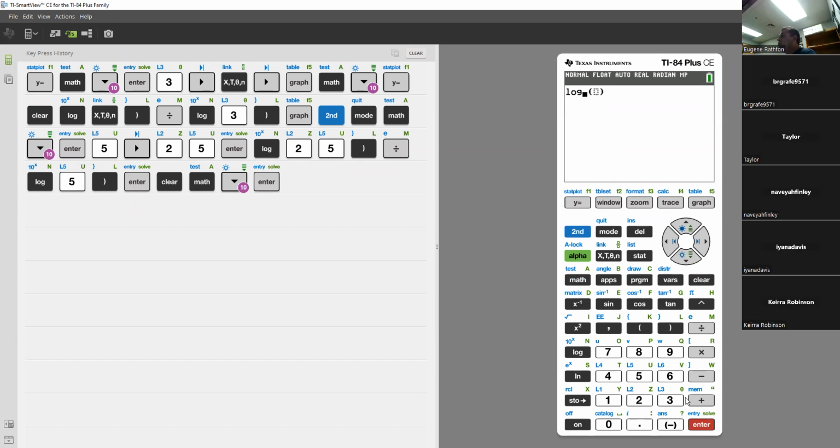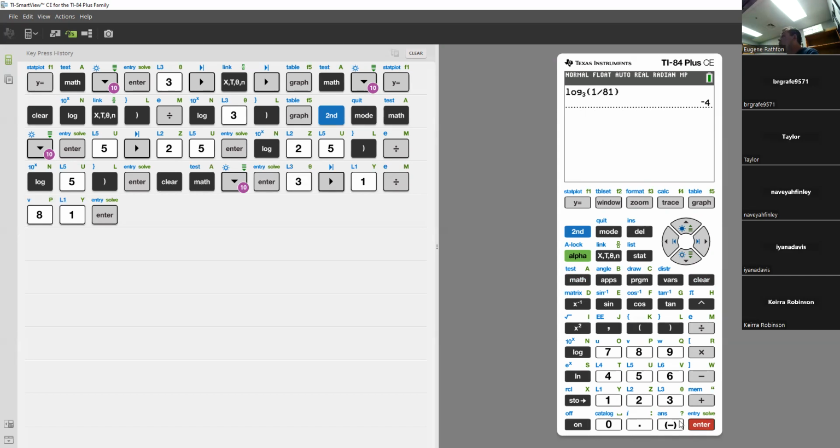The base was a 3. The result was a 1 divided by 81. Now, anytime you have fractions like this, notice what these exponents are. They are negative. So fractions give me negative exponents.